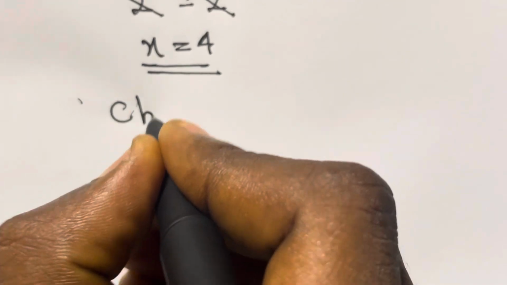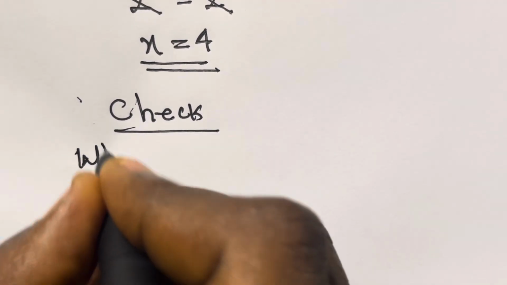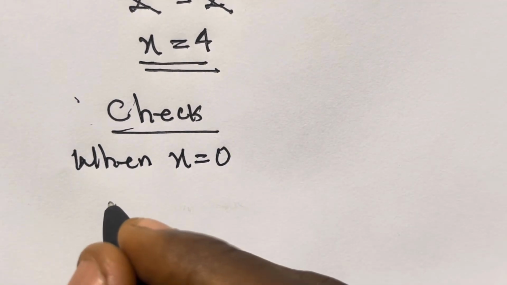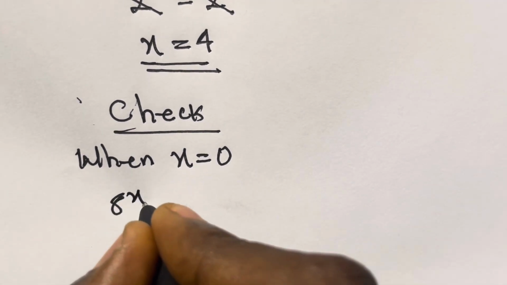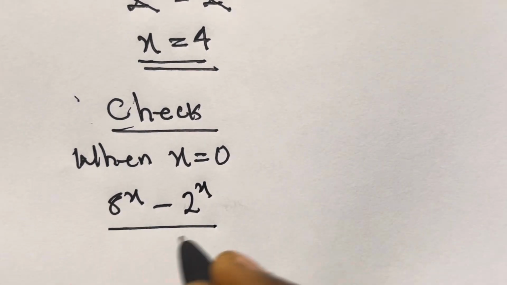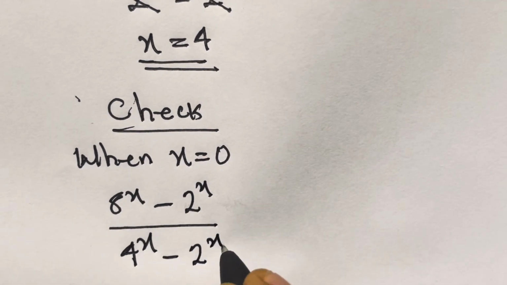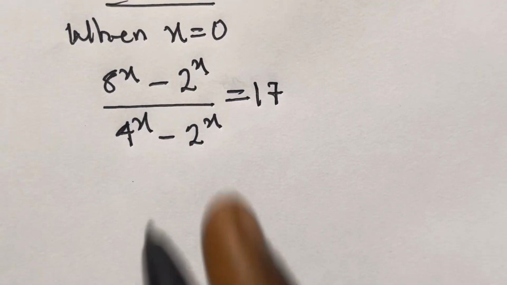Check. We got our x to be 0. So if x is equal to 0, our question is 8 raised to power x minus 2 raised to power x divided by 4 raised to power x minus 2 raised to power x equals 17. So let's substitute x to be 0 here.